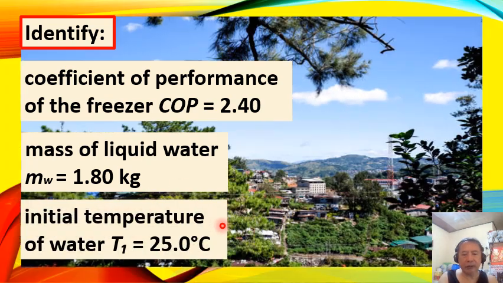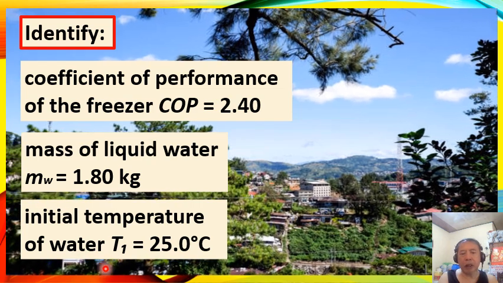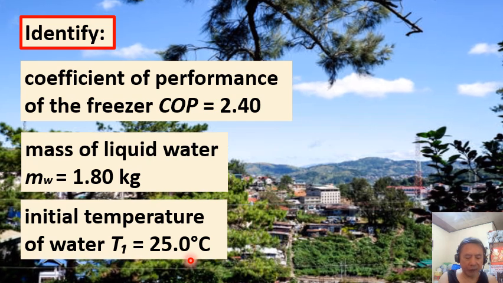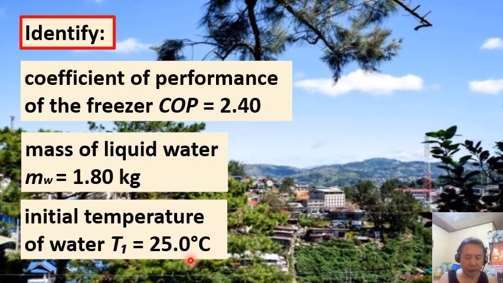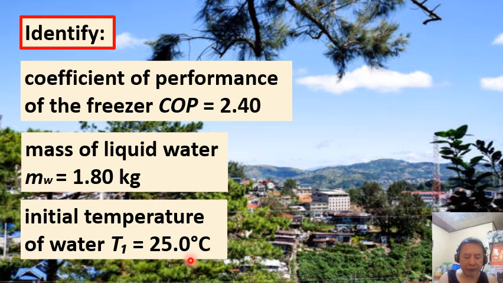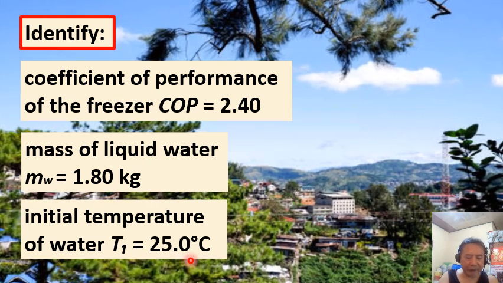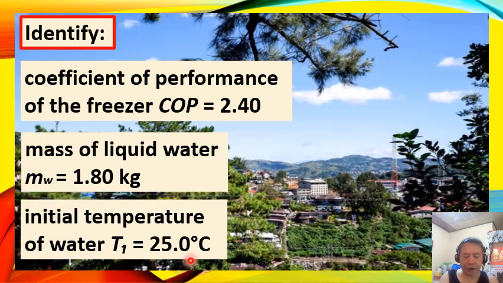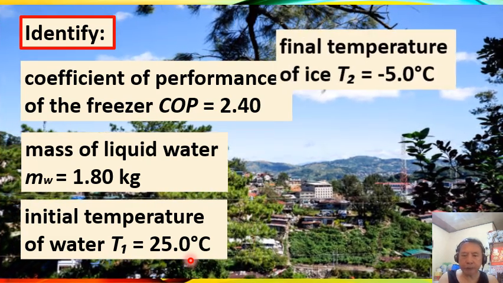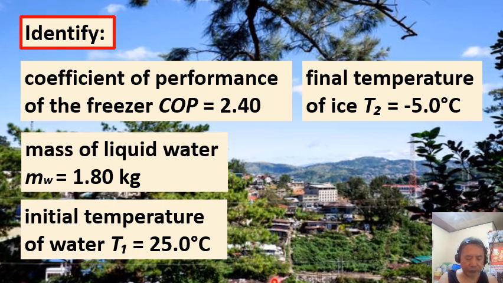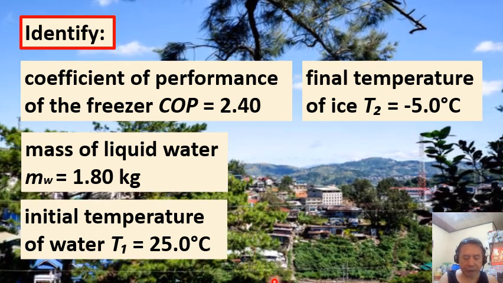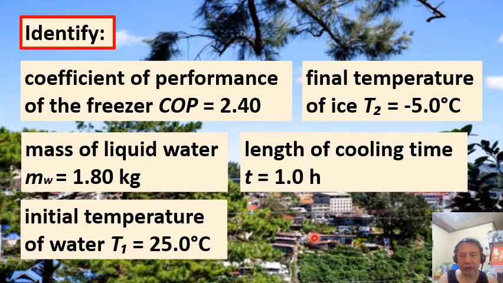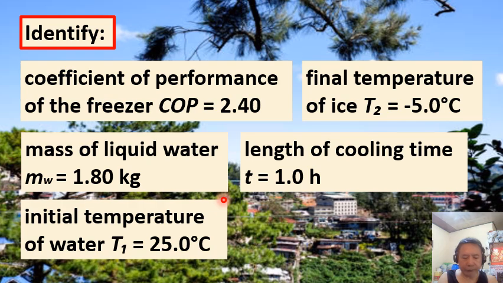Initially, at a temperature of T sub 1 equal to 25.0 degrees Celsius, we place it in an electric freezer until the substance freezes at a final temperature T sub 2 equal to negative 5.0 degrees Celsius. And the period of time we consider for the whole process is 1.0 hour.